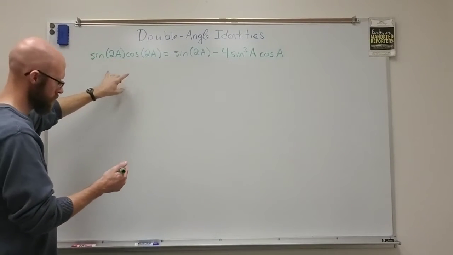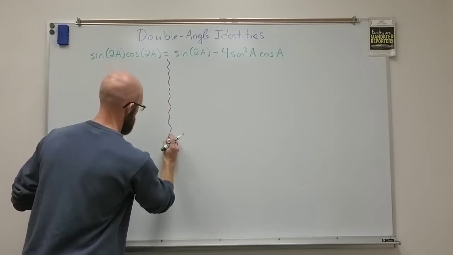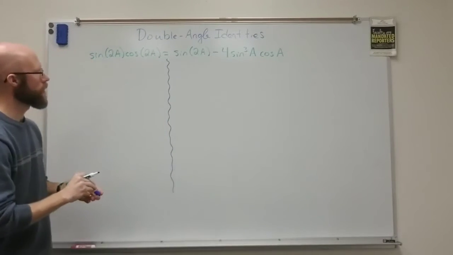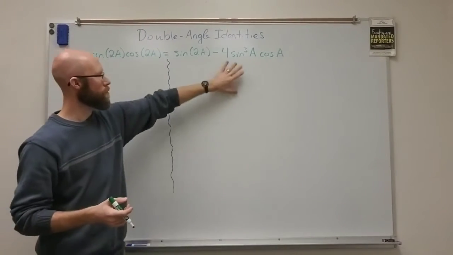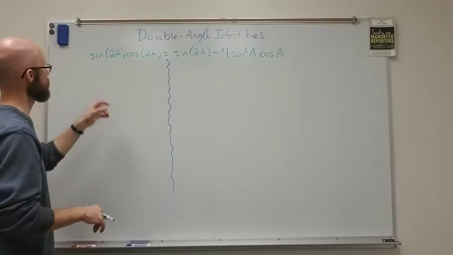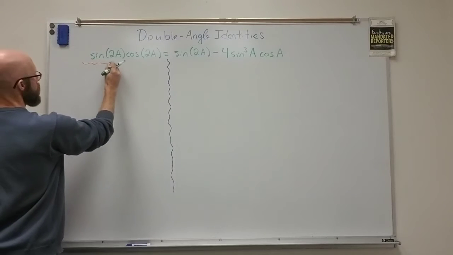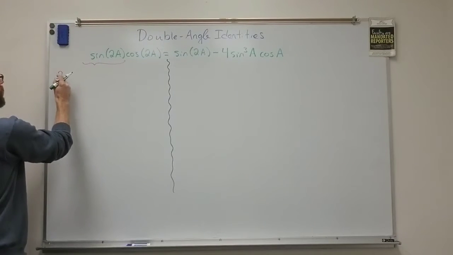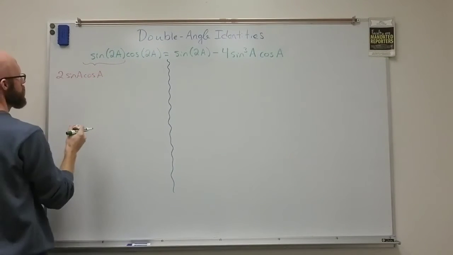So let's take the middle one here. In fact, I'm going to separate the board so I don't get confused. I'm going to work on the left side separately, work on the right side separately, and see if we can get these down to the same thing. First of all, sine of 2a is 2 sine a cos a.